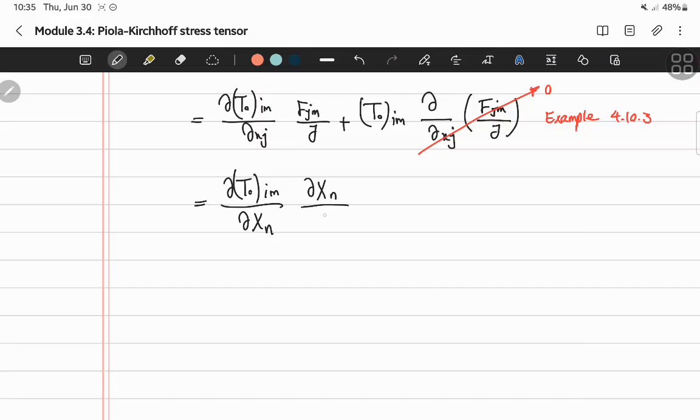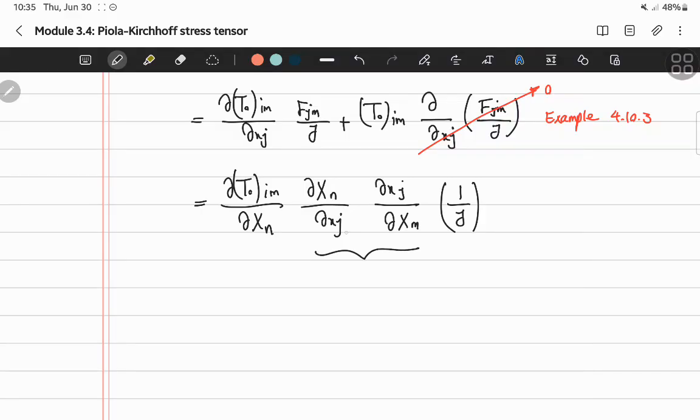The same strategy I used in example 4.10.3: xj, and fjm is basically the partial derivative of xj with respect to capital Xm, and then I have 1 over j in here.